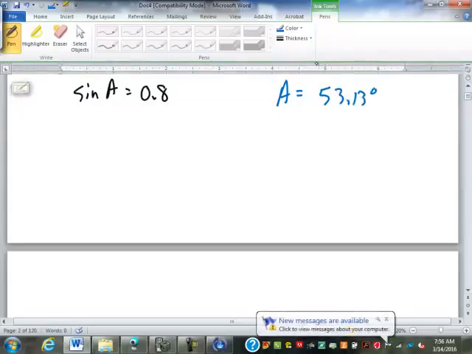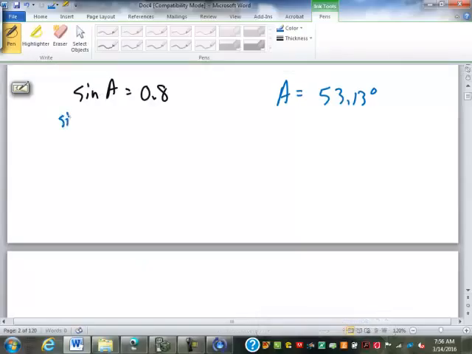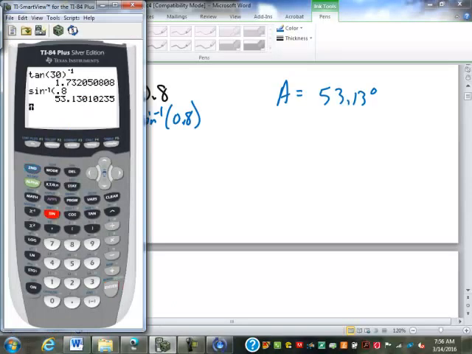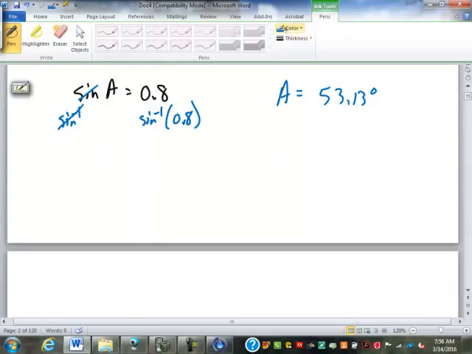Remember we talked about how if it was 3x equals 15, you divide by 3, you do the inverse. So here we have to do the inverse. The sine negative 1 cancels out the sine. So it's second sine 0.8. This is where you have to use the double pump key, Richard. You get 53.13 degrees.